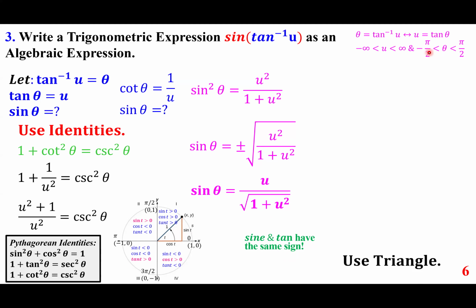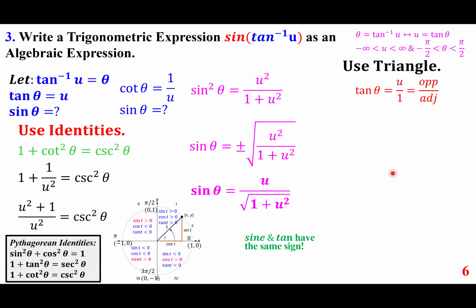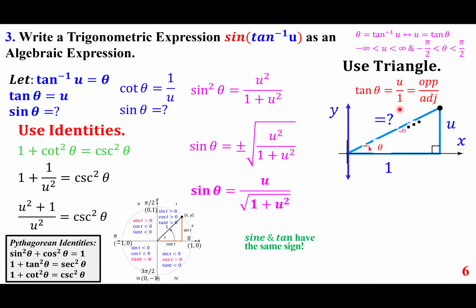The second method, using the triangle: we can draw a triangle. Tan of theta is the opposite over the adjacent. So let's say tan of theta is u, or u over 1, the opposite over adjacent. So the opposite is u, and the adjacent is 1.